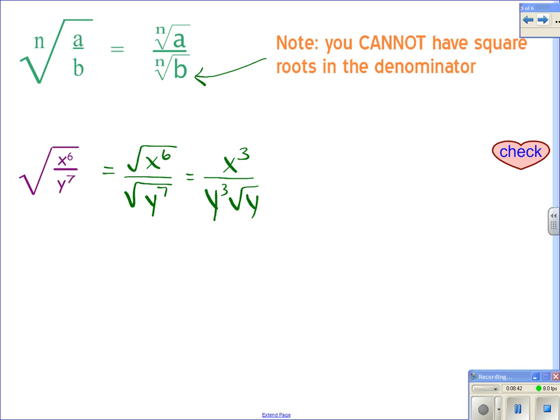Now we can't have a square root in the denominator, and we actually talked about this last year in geometry when we were talking about 45, 45, 90 and 30, 60, 90 triangles. There would be situations where we would have to divide by a root if it was missing on a triangle. Do you vaguely remember this? Okay. How would we get rid of this radical on these problems? Do you remember?